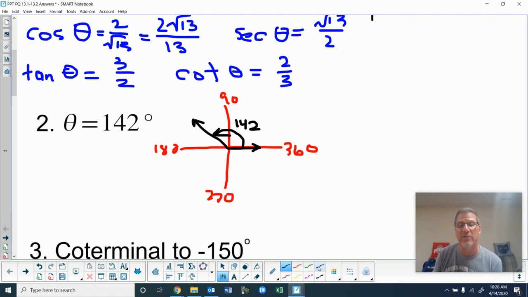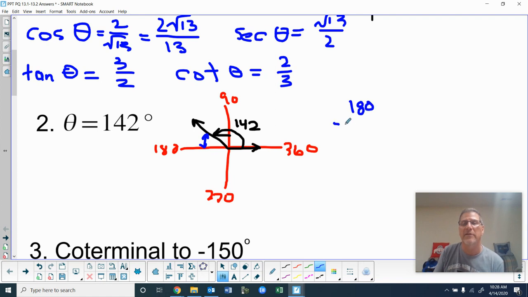The reference angle is always between the x-axis and the terminal side, and it's always a positive number. So I'm looking for this angle here in that area. Since that's 180 and that's 142, to find that angle there, I have to subtract 142 from 180.